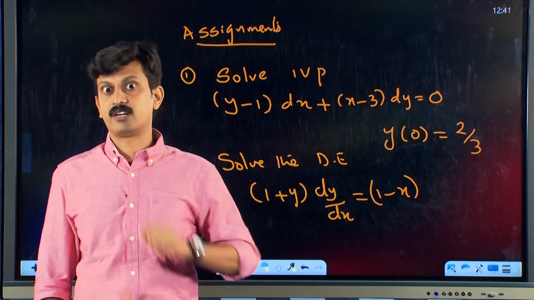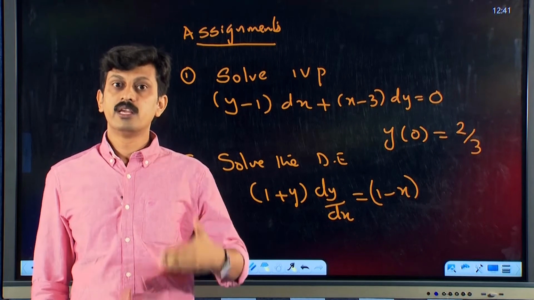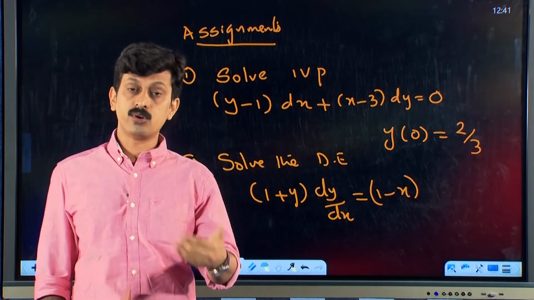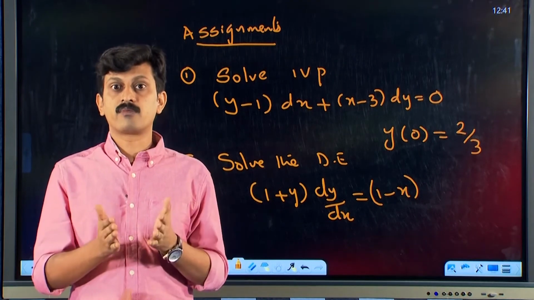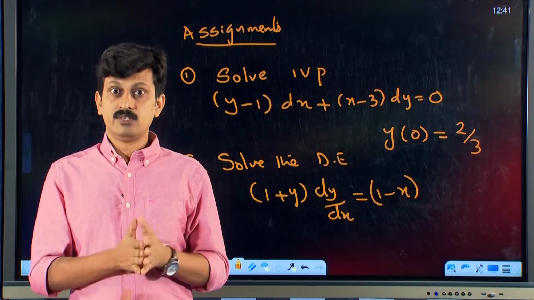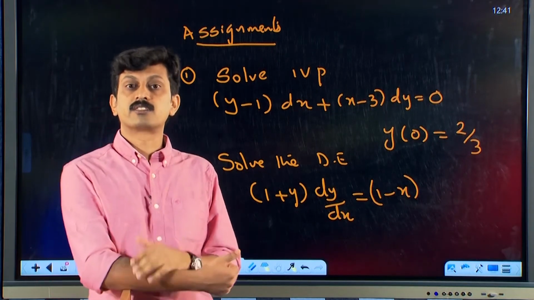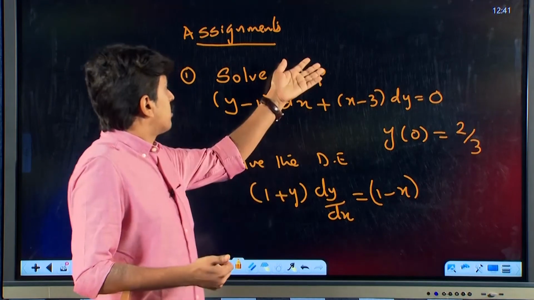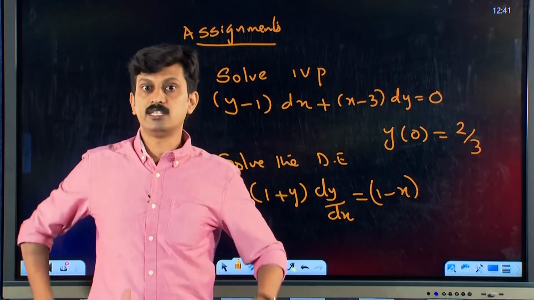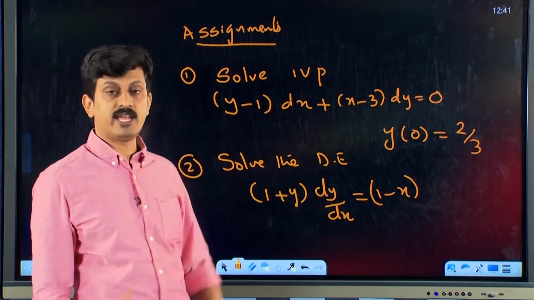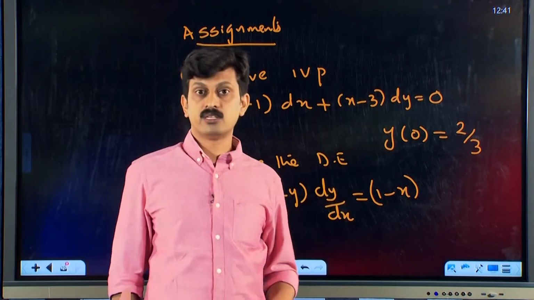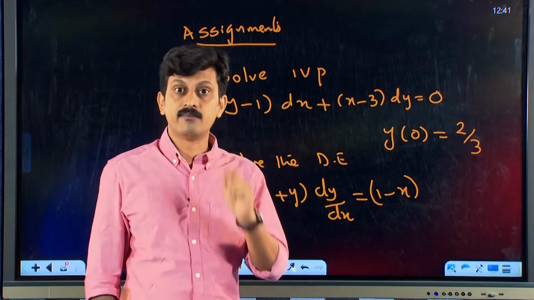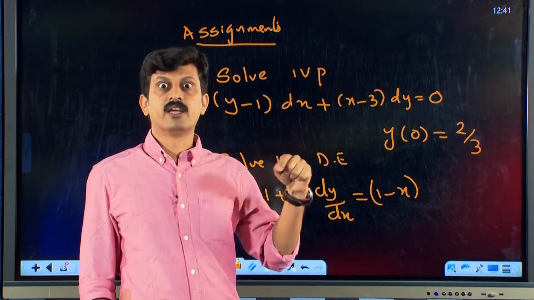If it is an exact differential equation, we can solve in either form, the two methods we showed in the previous sessions to solve the exact differential equation. If it is an initial value problem, after finding the general solution, you can just apply the particular values of x and y in the general solution.